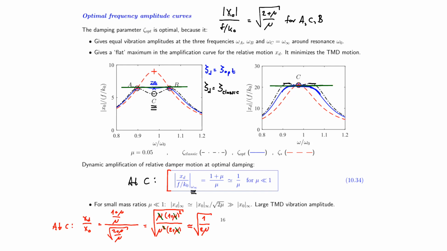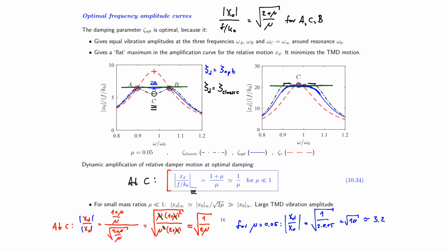And let's put in our value of 5% critical damping for mu, just as a reference case. We will have x(t) divided by x0, of course absolute values, remember those, will then be 1 divided by 2 times 0.05. That's square root 10, that's approximately 3.1 or 3.2 or something like that.